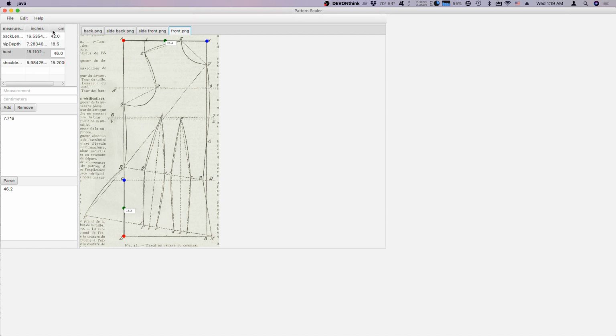So B through D is going to be equal to 45, so front width.